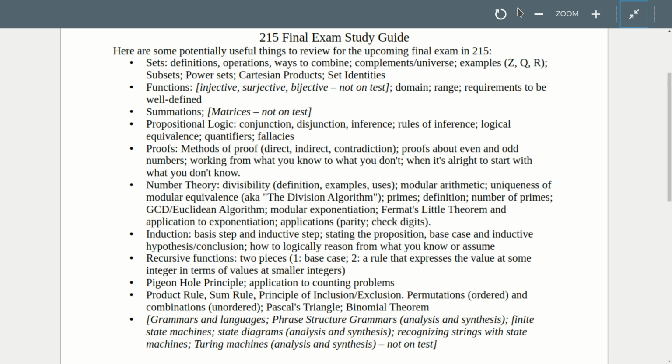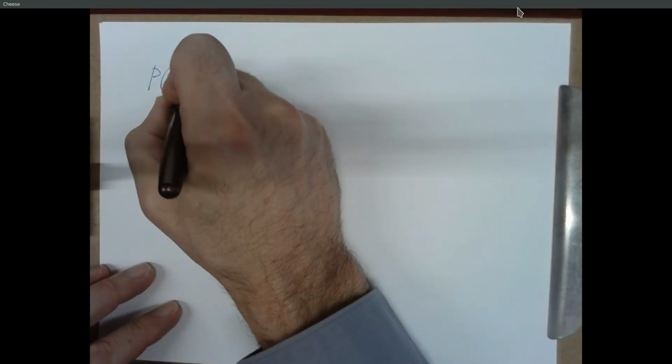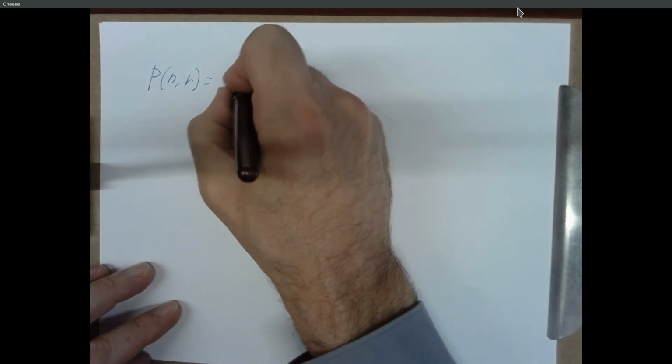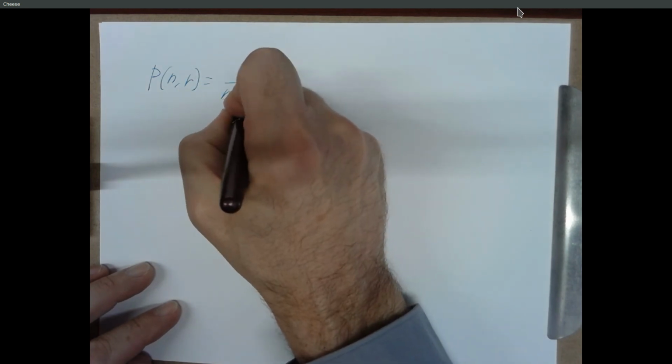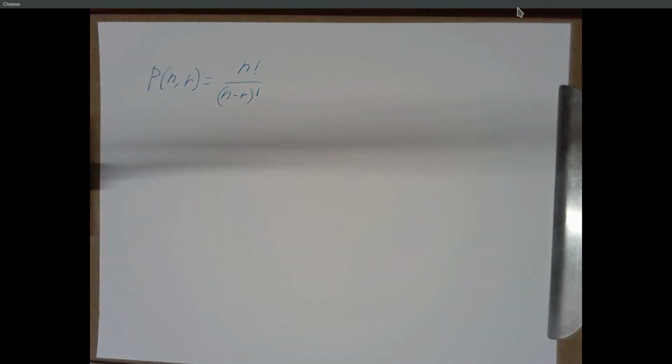And the number of ways to complete that task would be n times n minus 1 times n minus 2. And that generalized into this handy formula for the number of r permutations of n objects. Turns out to be n factorial over n minus r factorial, which is really just n times n minus 1 times n minus 2, a total of r times.